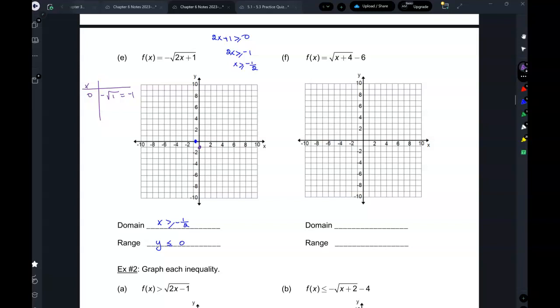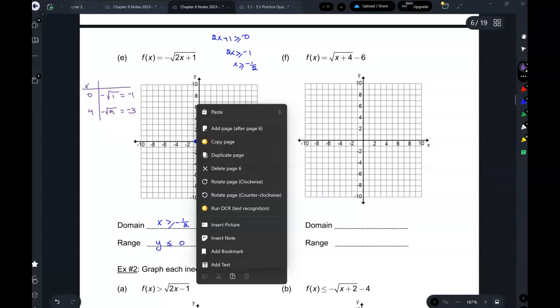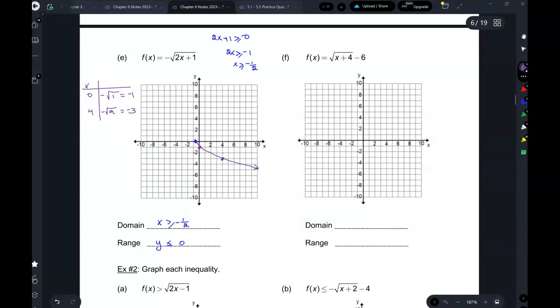And then what number can I put to get a perfect square in the radicand? 4, right? 4, I get negative the square root of 8 plus 1, 9. This is negative 3. So when x is 4, negative 3. That way I'm not dealing with halves and stuff.